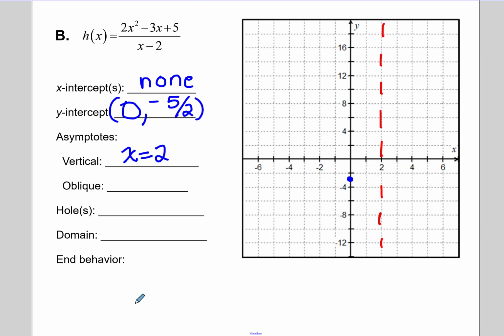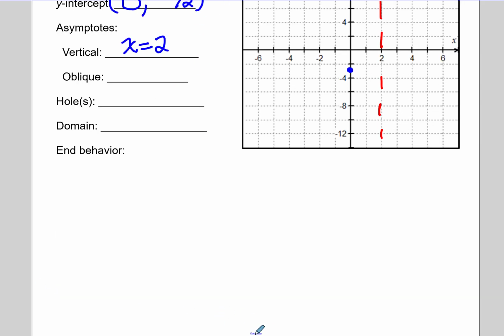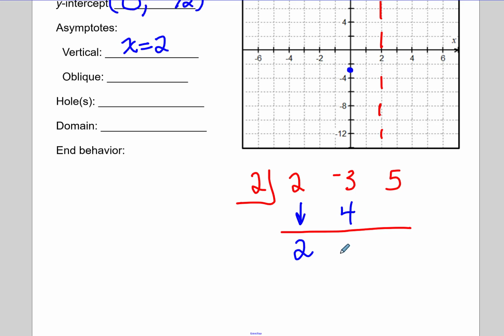So if we're dividing 2 into the 2 and -3 and 5, remember we just want the quotient, the depressed polynomial. 4 minus 3 is 1, and we don't care about the remainder. So our oblique asymptote is 2x plus 1.